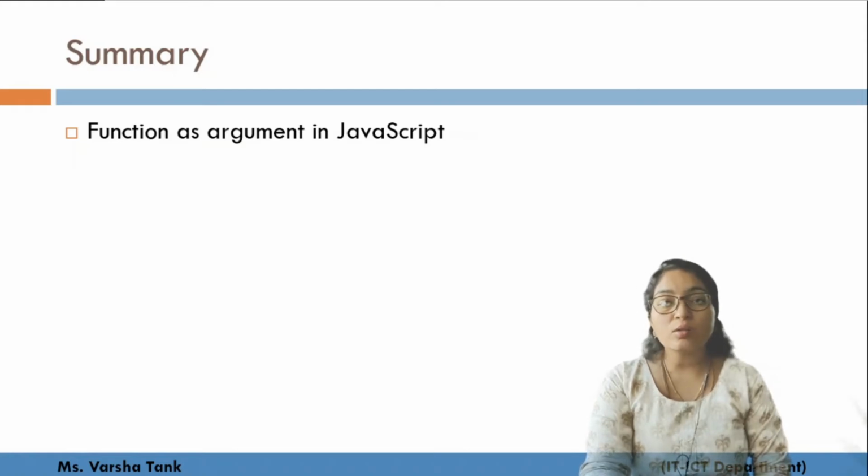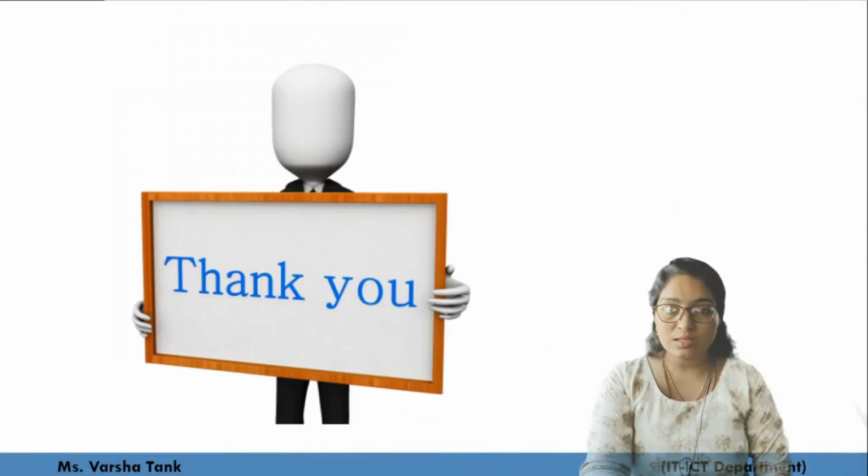In this lecture also we have learned how we can call a function as an argument. I hope that now you have a clear idea about how we can call a function as an argument in JavaScript. Okay, so this is all about this lecture. The remaining interesting topics we will cover in the next lecture.